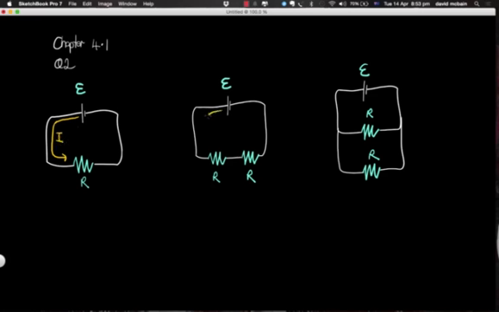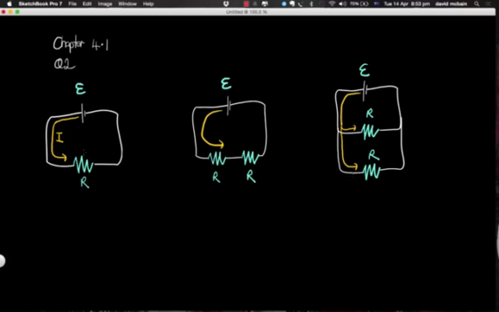Likewise, the current direction will be like that in this one. And in this particular circuit, the current will come out of the battery, but there's a branch in the circuit. So some current will go this way, and some current will go this way. So that's what's happening with the currents.